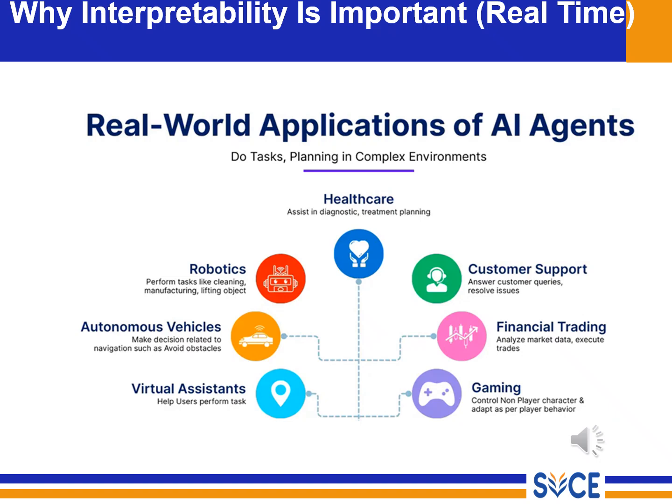Now let's look at where explainable AI is used in the real world. As you know, the main part is healthcare. AI models help diagnose diseases, so doctors need to know why a model flagged a patient as high risk. XAI provides that diagnosis justification.